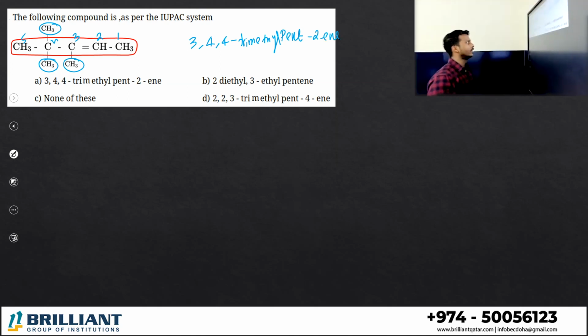What's the answer? 3,4,4-trimethylpent-2-ene. Yes, option A is the correct one. So, IUPAC naming: in your term 1 examination, there are 2 organic chapters, haloalkanes and haloarenes, and alcohol, phenol and ether. So from any one of the chapters we can expect one question on IUPAC naming. Okay, let's go to the next question.